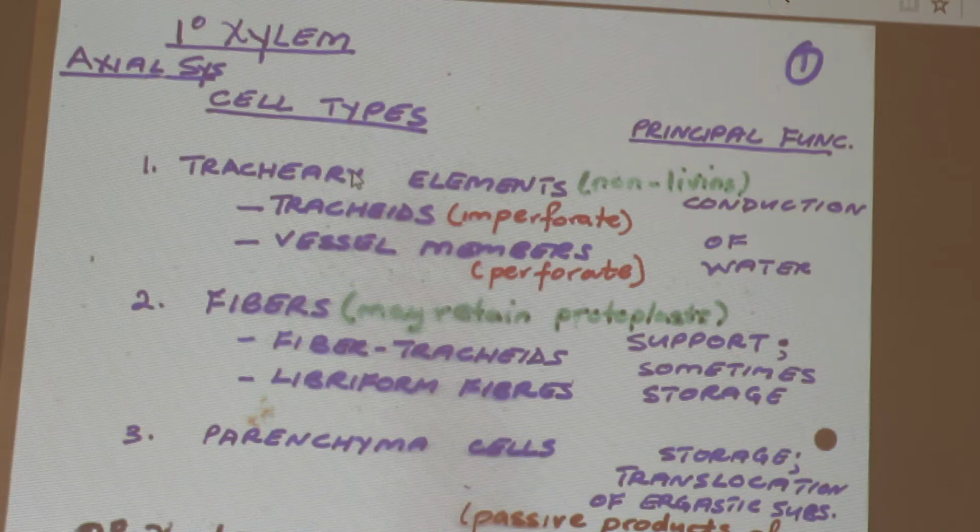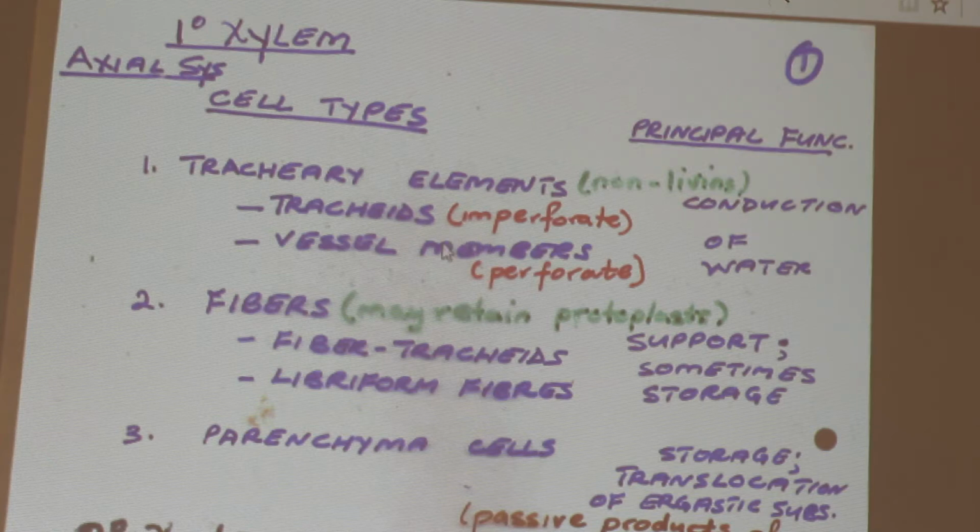Tracheary elements refers to two cell types, the tracheids and the vessel members. The tracheids are those elongated cells which I said look like fibers, but these cells are imperforate. Imperforate in botany doesn't mean without holes.